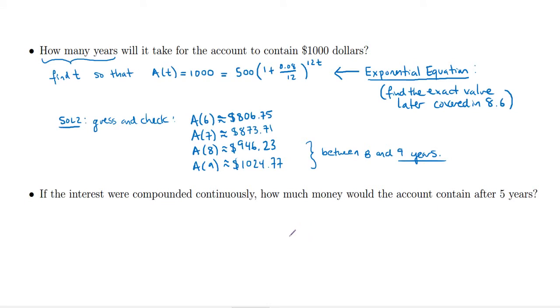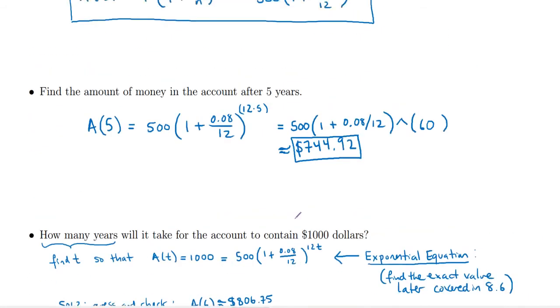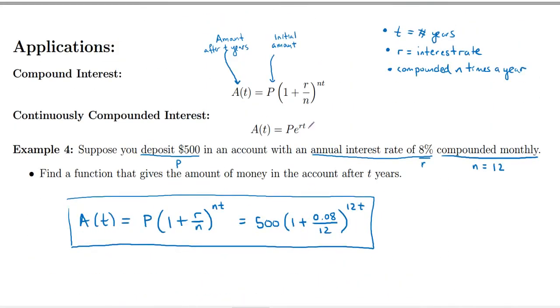All right, and then the last question is, if the interest were compounded continuously, how much money would the account have after 5 years? So that brings us to this other equation up here. So if you increase the number of times you're compounding this thing, it's going to change this n value. And if you compound it continuously, that means you're letting the number of compoundings go to infinity.